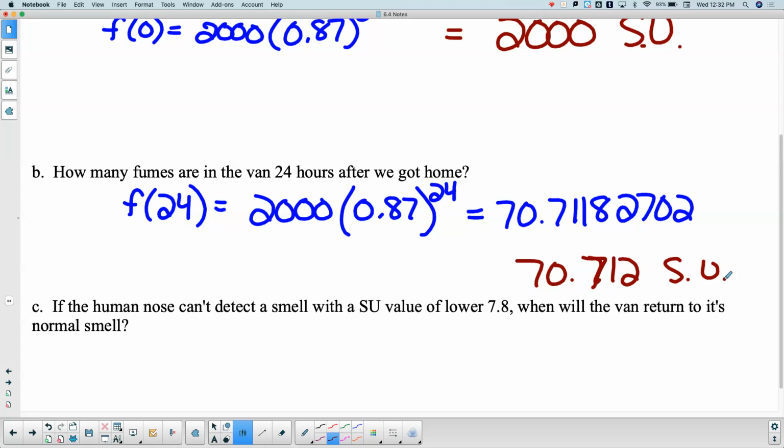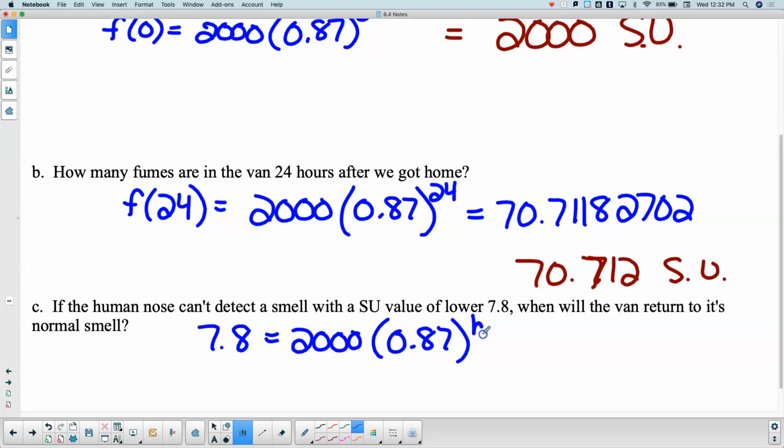So the equation is going to be 7.8 equals 2,000 times 0.87 to the H power. Is that what you were going to say, Sid? Yep. Okay. So how do we go about solving said equation?